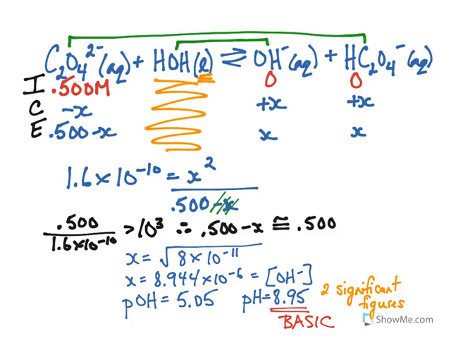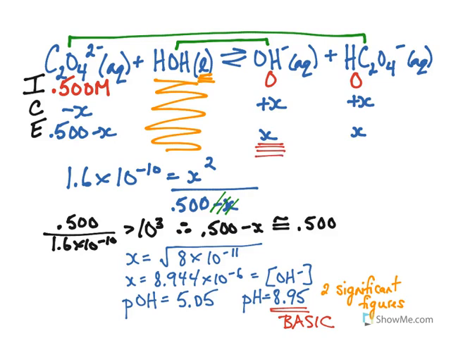Solving my ICE grid using the Kb value, I recognize that the subtracting X term will be negligible, meaning that my percent ionization is expected to be quite low, and therefore I can solve this without worrying about the subtracting X, and it will not appreciably change my result. I solve for X, which represents the concentration of OH minus at equilibrium.